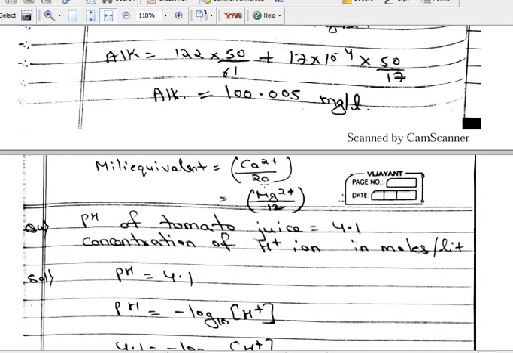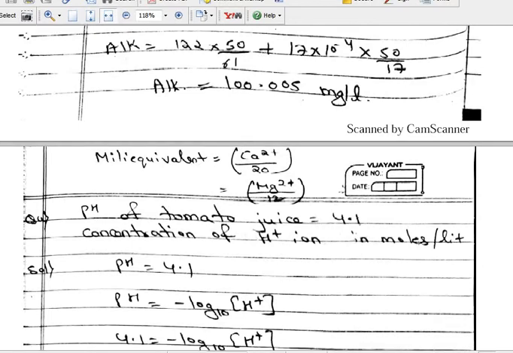So the concentration of calcium ion divided by the equivalent weight of calcium becomes the milliequivalent of calcium. Similarly for magnesium, it will be divided by 12. If you want to find the milliequivalent of aluminum ion, you divide the concentration in mg per liter by 9. Similarly for carbonate, it will be divided by 30, for bicarbonate by 61, and for OH minus, the hydroxyl ion, by 17. This way you can convert mg per liter to milliequivalent.